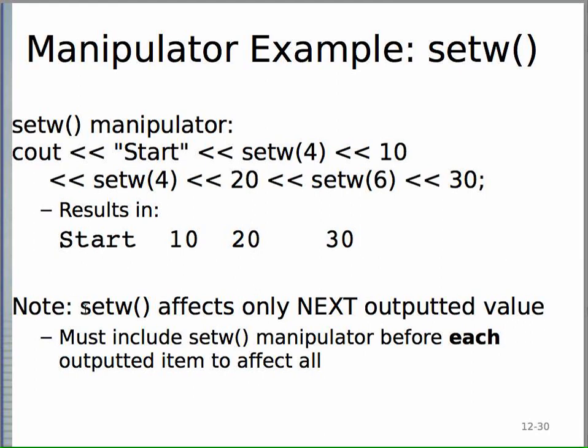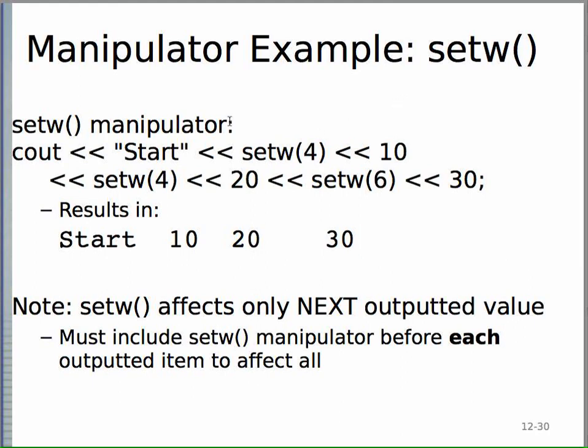This is how you would use it. You would print out the string start, and then print out setw(4). What that says is that for the very next thing, I'm going to set the width to 4. So even though we're printing out a 10, it's going to have 4 spaces.